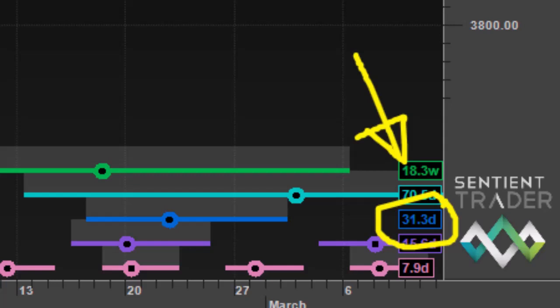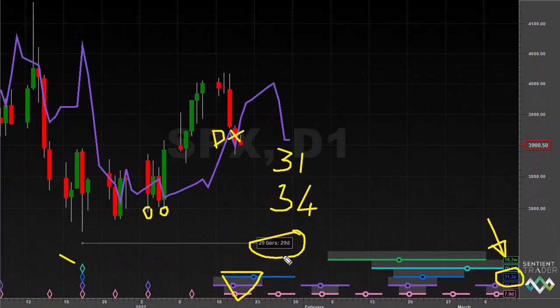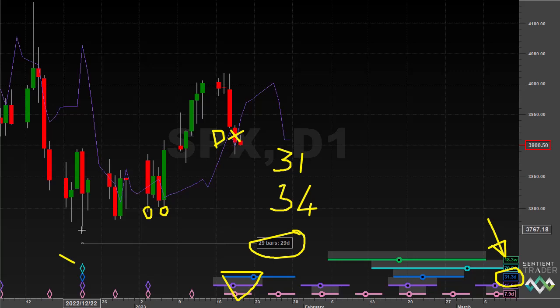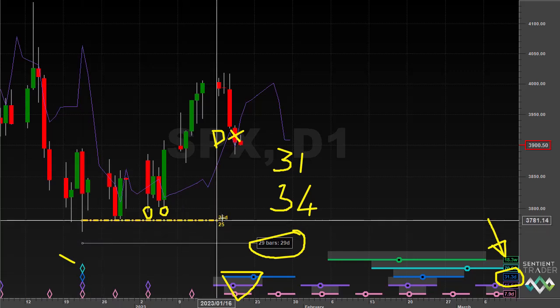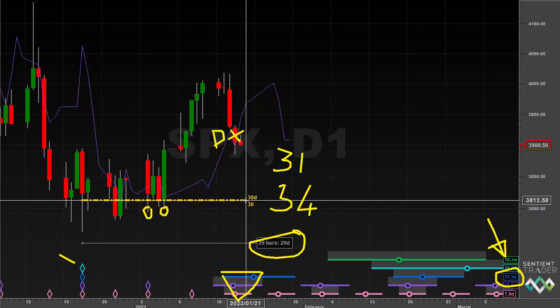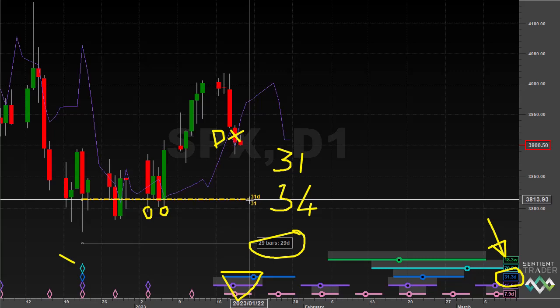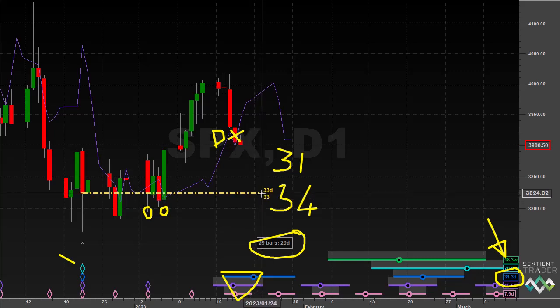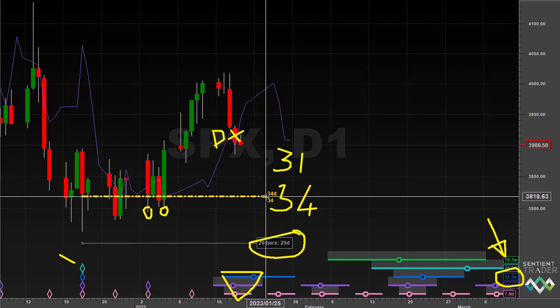So we have three figures here: 31 days, 34 days, and 29 days. The 31 and the 34 indicate that we could expect the 40-day cycle price trough to occur over here on about the 22nd of January, or if it turns out to be a perfectly average cycle, it might occur on the 25th of January.